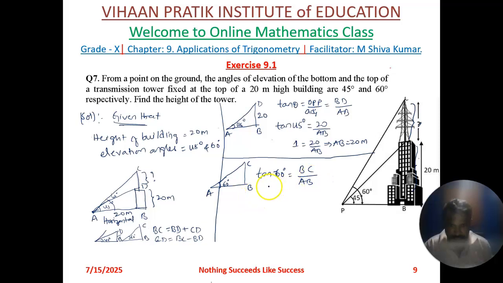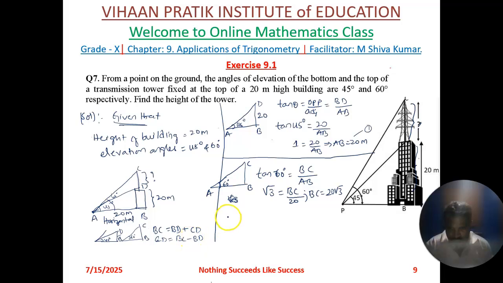Now tan 60 is root 3. So root 3 equals BC, which we don't know, over AB, and the value of AB from equation 1 is 20. Therefore, BC equals, by cross multiplication, 20 into root 3.